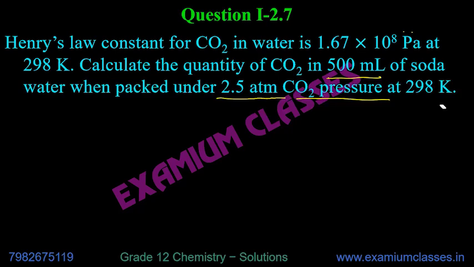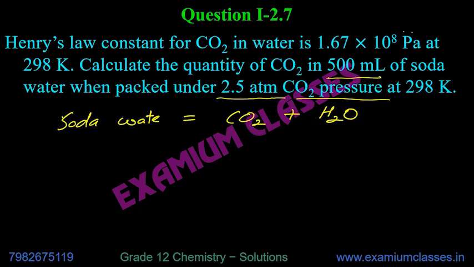Carbon dioxide dissolved in water is known as soda water. Soda water is nothing but carbon dioxide dissolved in water. So the pressure at which carbon dioxide is kept is 1.67 into 10 to the power 8 Pascal.